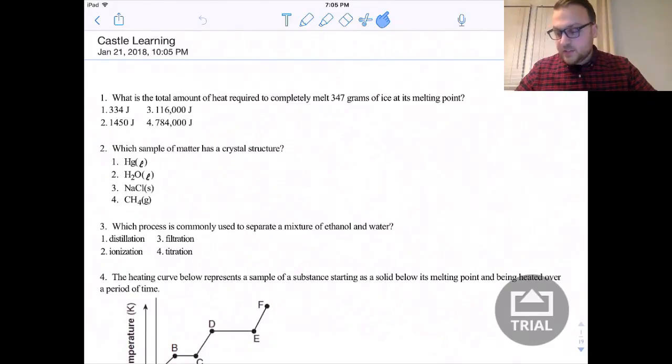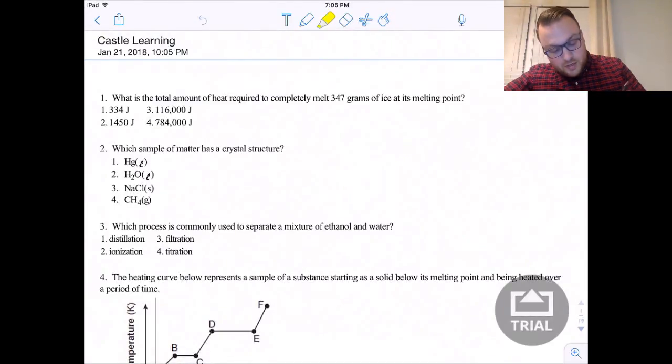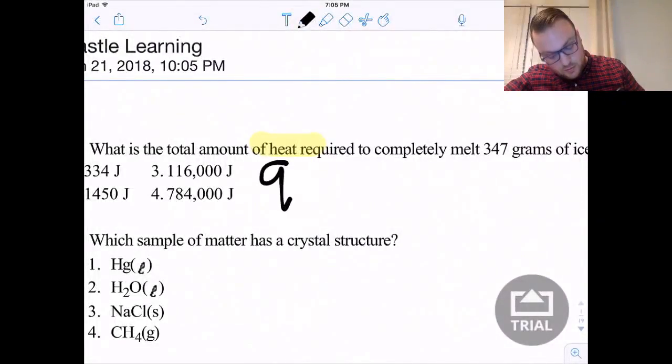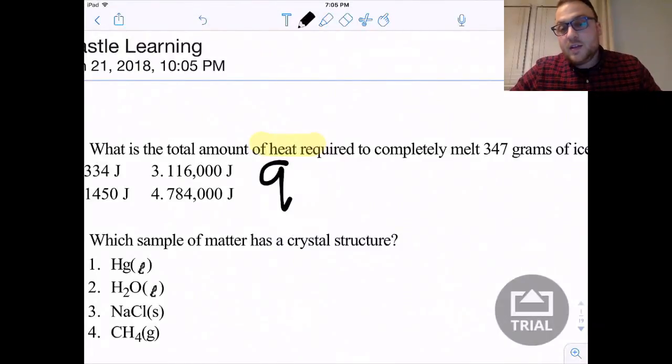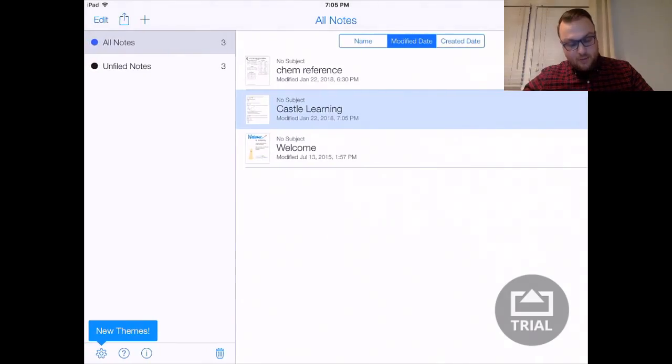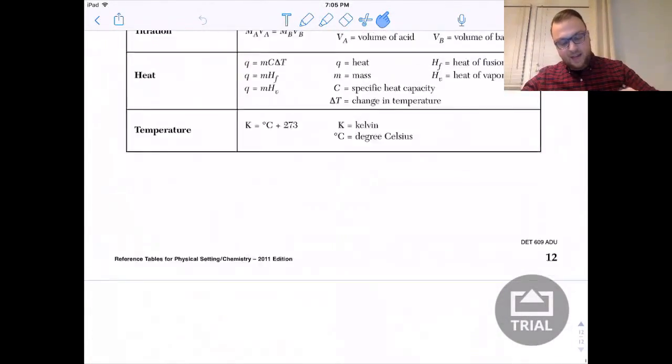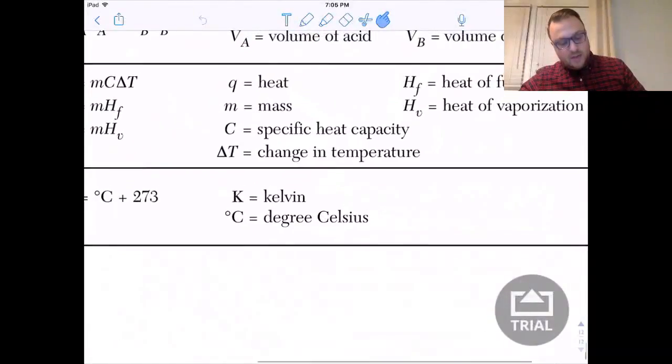I actually did want to go over the first one here because the first one involves math and using an equation. So I figured it would be a good idea to hit the first one. Whenever you see the word heat, the first thing you want to think about is Q. Heat is abbreviated with the letter Q. If you can't remember, go to your reference tables all the way to the back where the equations are, and everything's labeled right here.